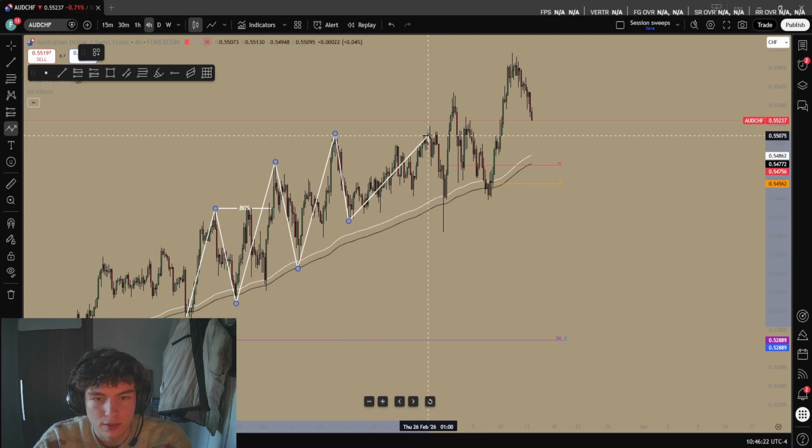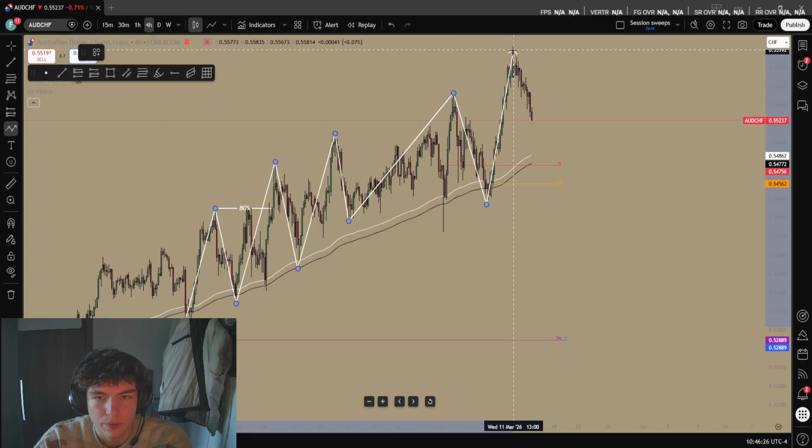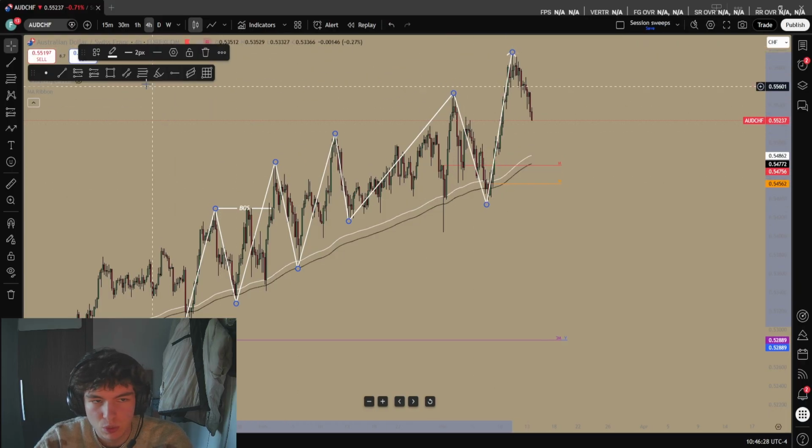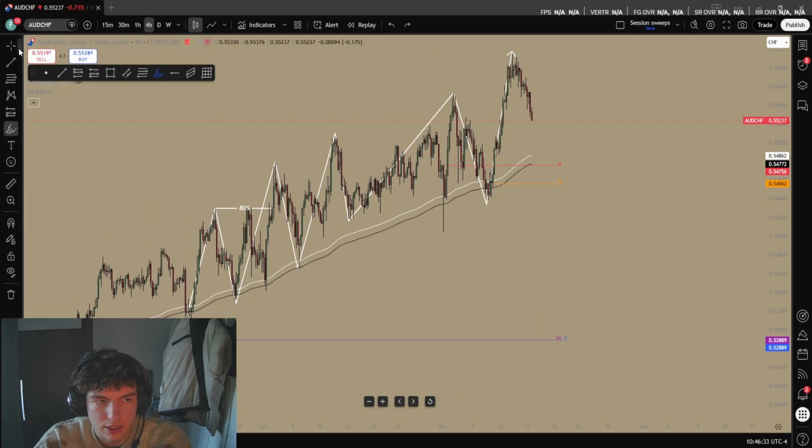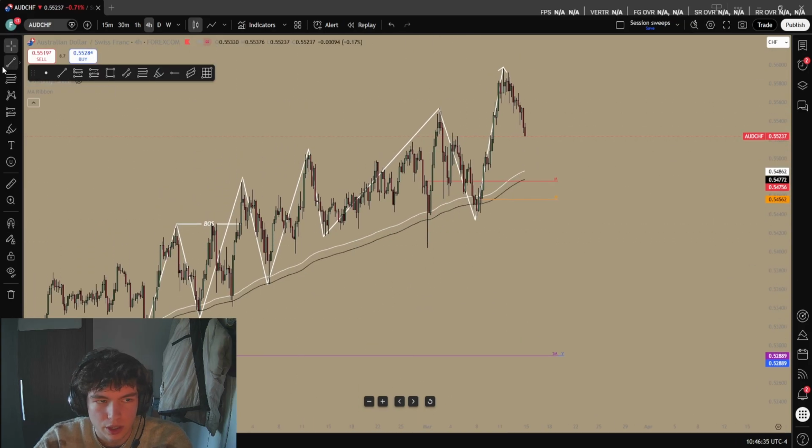Here we wait, okay, we make a new higher high, higher low, higher high. This was the Black Swan event, so this week doesn't count. We need a close as well. So this is a break of structure.